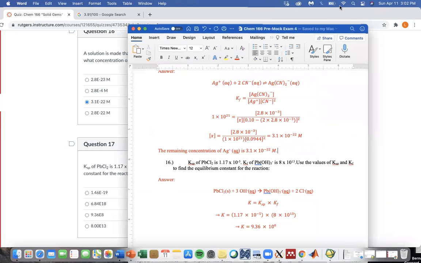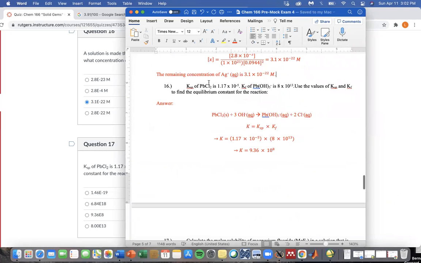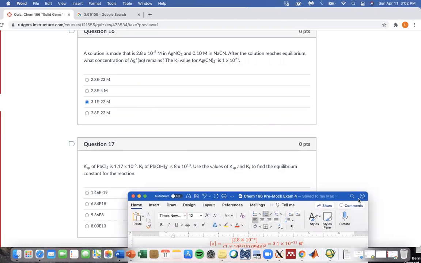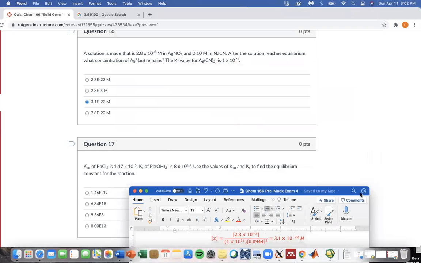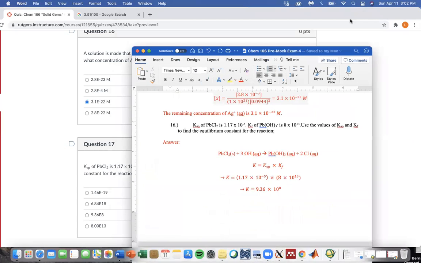Okay. So if we go on to the next one here, we're given the Ksp of PbCl2, and we're given the Kf of Pb(OH)3, and we have to find the equilibrium constant for the reaction of these two together.